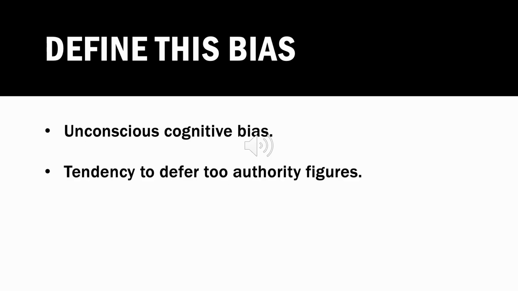So starting with this authority bias, we need to define what we mean by a bias toward authority. Now, this term refers to an unconscious or implicit cognitive bias. What that means is that subtle cognitive processes that we are unaware of, happening outside of our regular thought process and control, are what drive this bias.